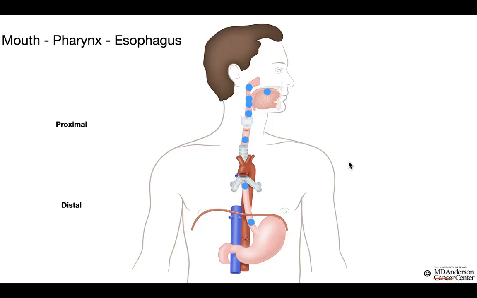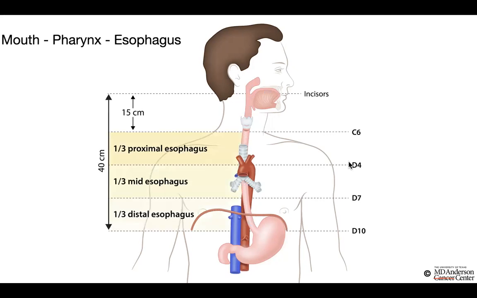It's also important to keep in mind the different measurements. When we do an endoscopy, we pass the scope from the mouth, and then as we go down the pharynx through the esophagus to reach the gastroesophageal junction and then enter into the stomach.